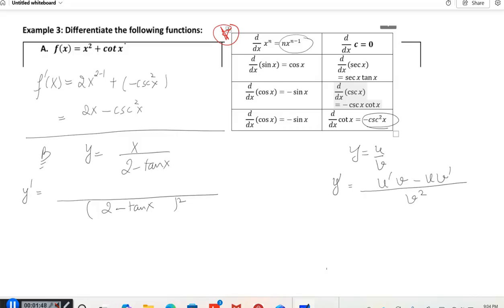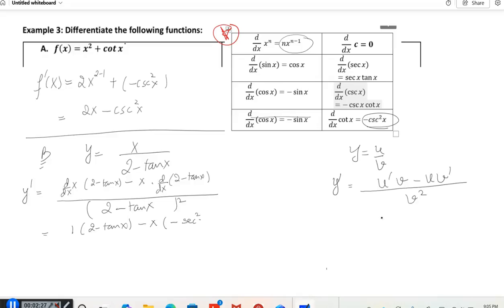Denominator squared, derivative of numerator times denominator as is, minus numerator as is times derivative of denominator. Derivative of x is 1 times 2 minus tangent x, minus x. Derivative of 2 is 0, minus derivative of tangent, which is secant square x. Oh, we don't have that formula here somehow. Okay.